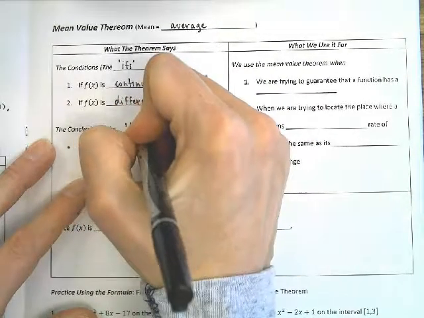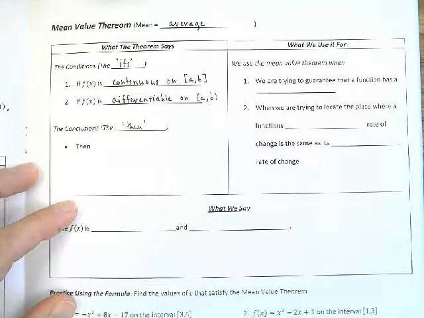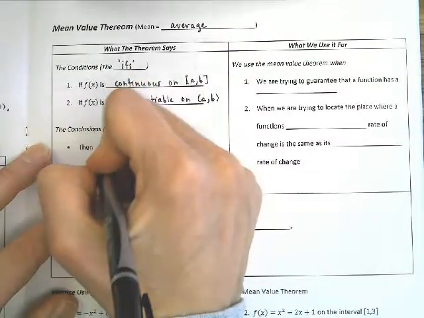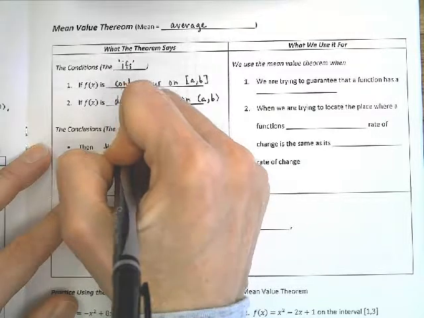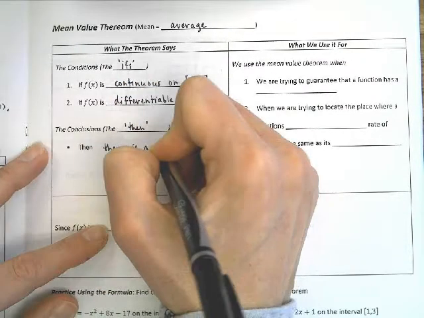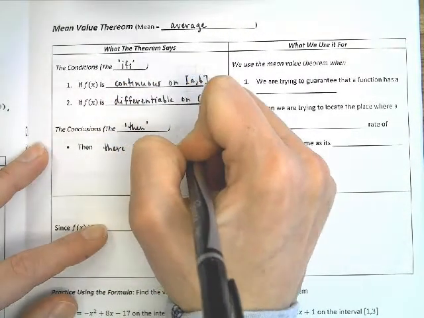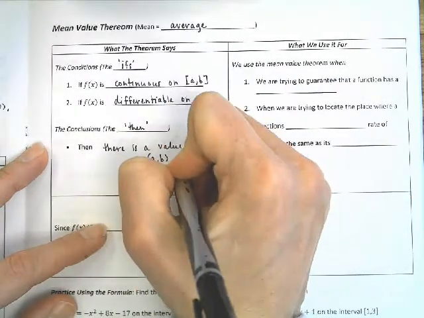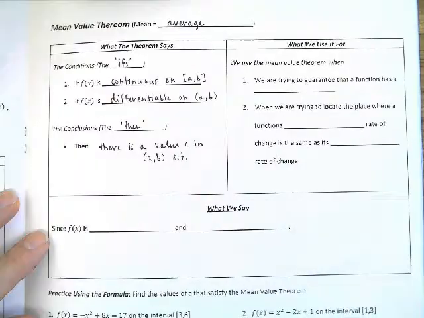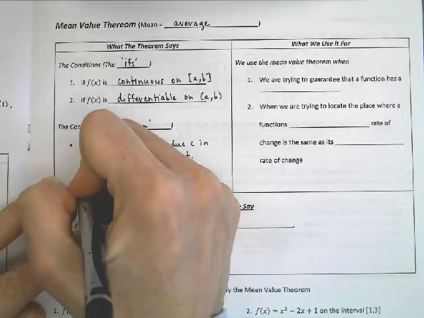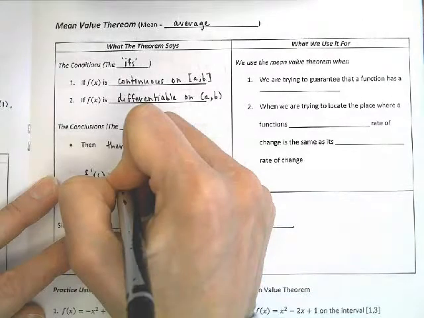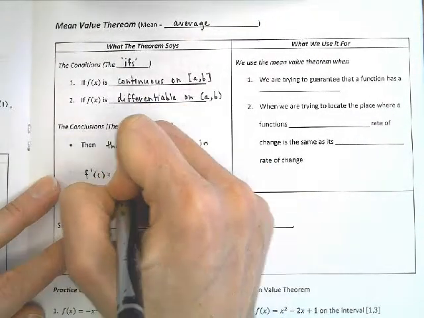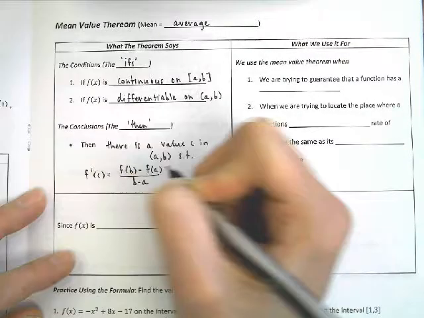Then we can prove that there is a value c in the interval from a to b such that f prime of c is equal to f of b minus f of a over b minus a.